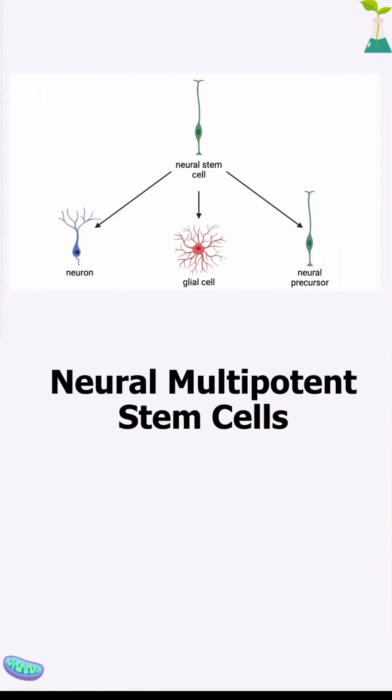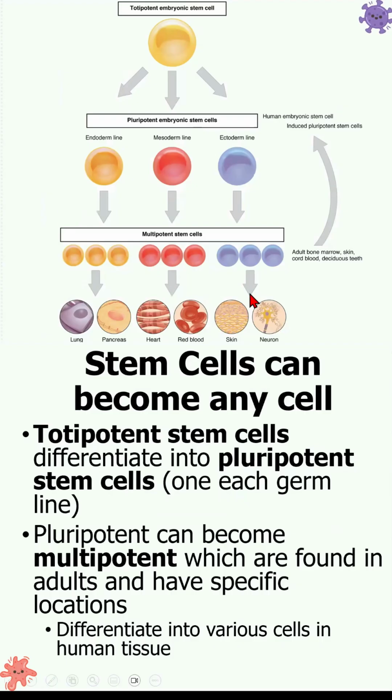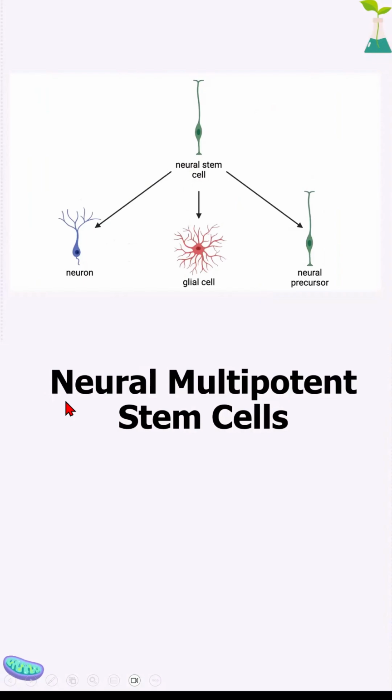I'll just give a few examples. So there are neural multipotent stem cells. And guess what? Based on the name, they are going to have to do with the nervous system. So if these are neural multipotent stem cells, sorry, that's really hard to say, then they must be in the ectoderm line, right? So they must have originated from a totipotent stem cell that became an ectoderm pluripotent stem cell that then became, right here, the neural multipotent stem cell.